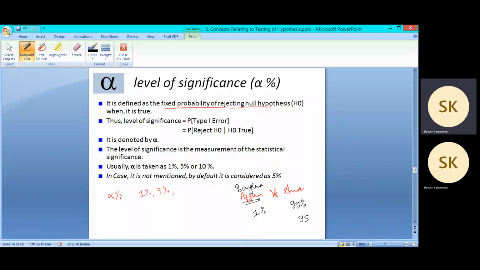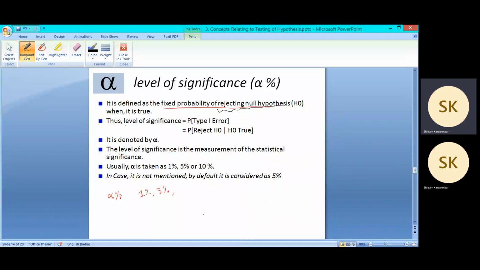I don't take the names of the countries. So what I want to explain is, whenever all the situations are favorable, but still we assign some chance that you may get surprising results. Okay, means you will get the worst. So it is a fixed probability of rejecting the null hypothesis.